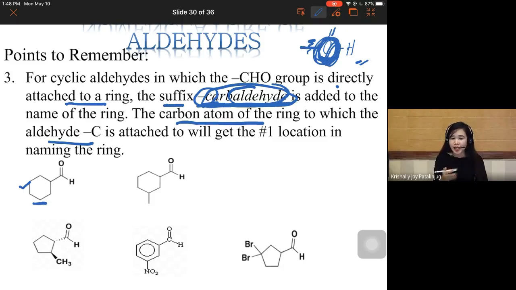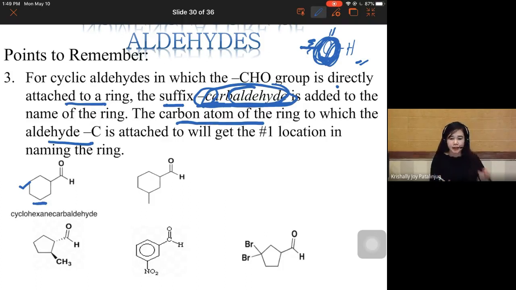Since cyclohexane, benzene, cyclopentane, whatsoever the name of that cyclic ring, ends in a vowel, then no need to erase. So, for this cyclic aldehyde, the name is cyclohexane carbaldehyde.